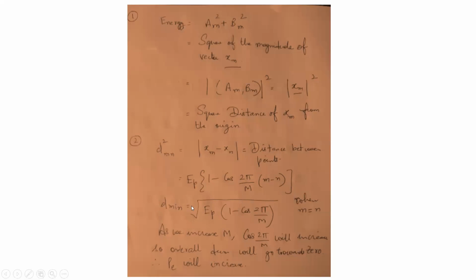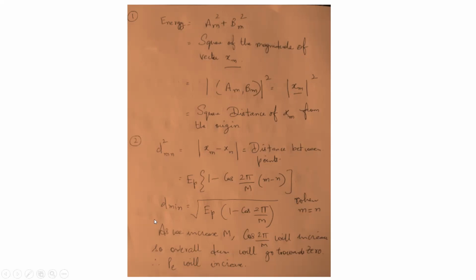So what is the minimum distance? That we will find out to be square root of E_p into 1 minus cos of 2 pi by capital M. As M increases, I told you yesterday also, what is the meaning of capital M increasing? That we are using more signal points. That means we are trying to stack more bits in the symbol period.